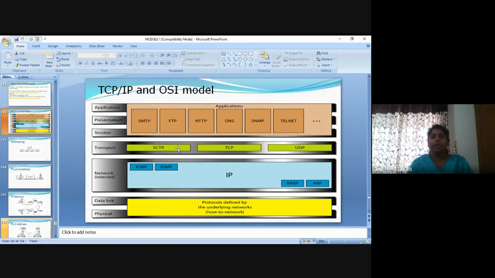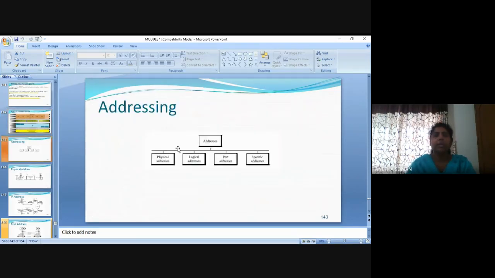Now next is addressing. Actually, this is not in your syllabus. I'll just give a brief idea about the addressing used in TCP/IP. Already we have covered all these four things, and you will get more idea by reading the textbook.